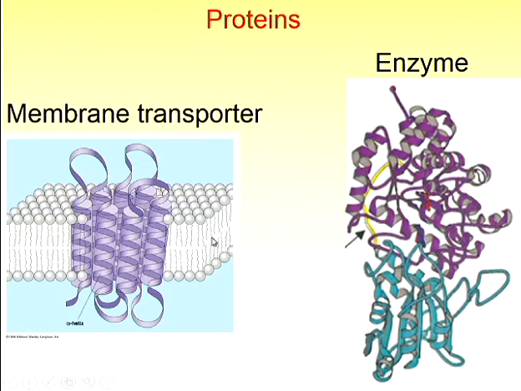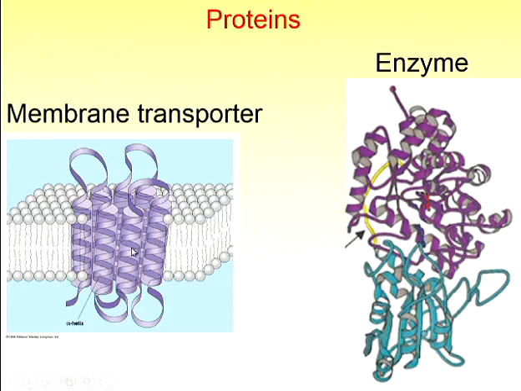They're doing metabolism. They're producing metabolites, turning one metabolite into another metabolite. We call them enzymes if proteins have a catalytic function to speed up a biochemical reaction in a cell. And other proteins serve, for instance, as transporters.